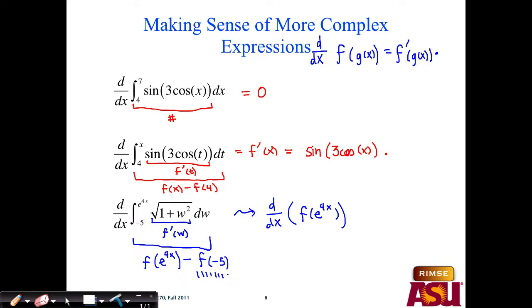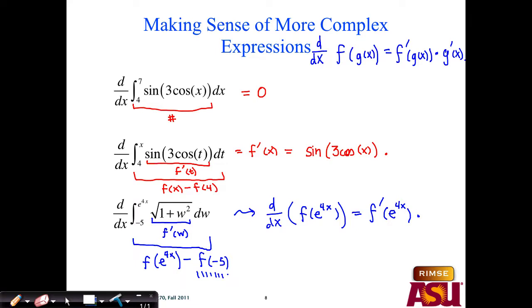So g prime of x. So let's see here. We want f prime with the inner part left alone. F prime evaluated at e to the 4x power times the derivative of e to the 4x with respect to x.